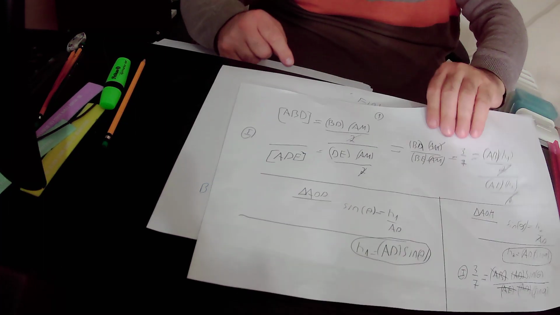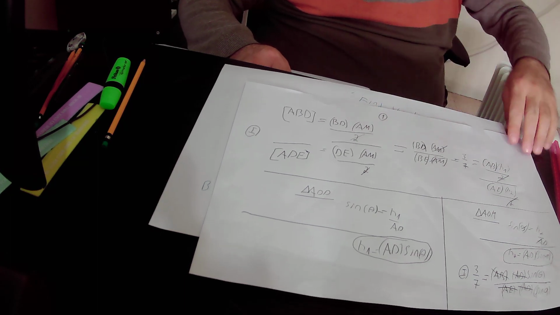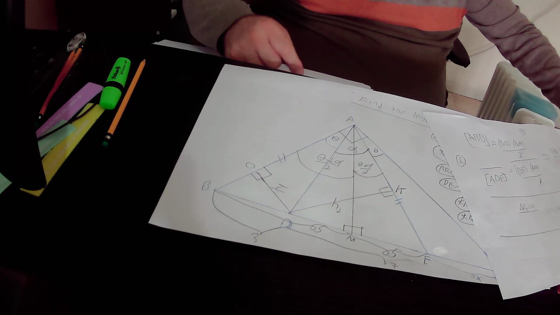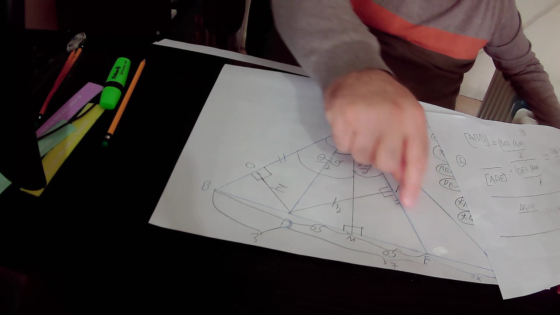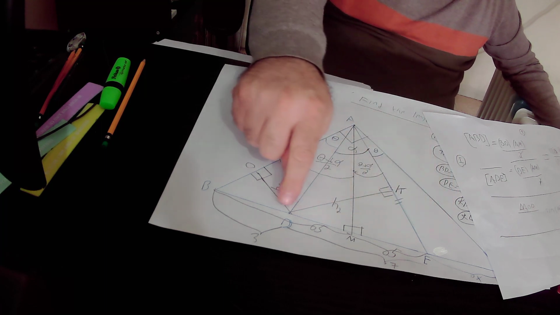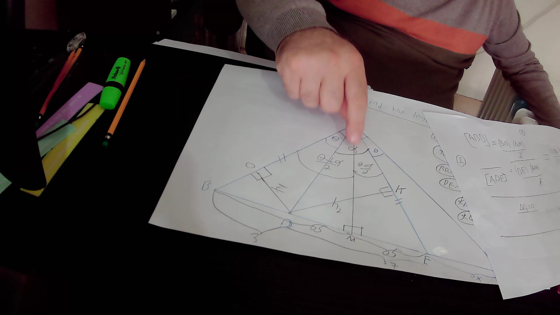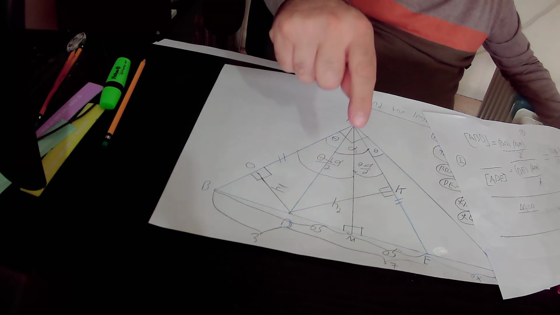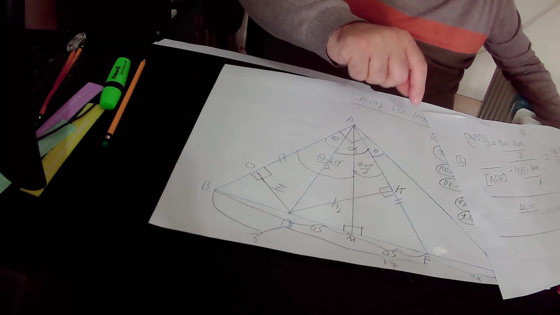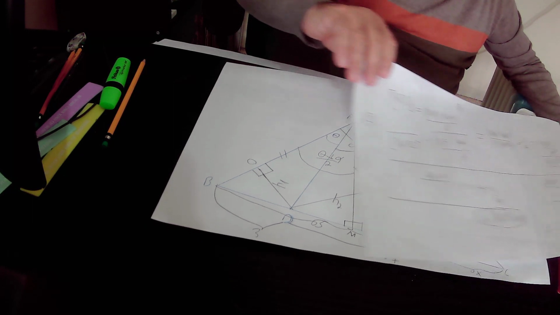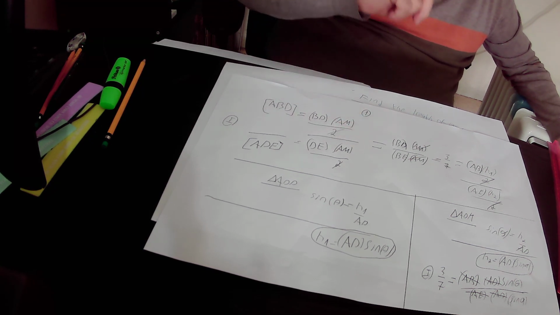So the area of triangle ABD equals the base BD times the height to the base, that is AM, over 2. And what is the area of triangle ADE? The area of triangle ADE equals the base of the triangle, that is DE, times the height to the base, that is AM. Again, the height AM creates 90 degrees with the base DE, therefore the height is indeed AM. It is the base DE times the height AM over 2.